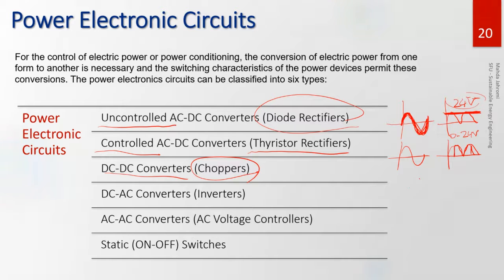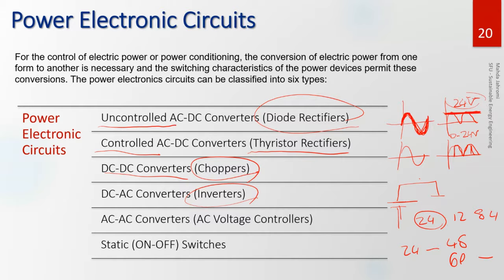And we have converters that can either chop down the voltage, so you can basically get, for example, 12 or 8 or 4 from a 24, and sometimes they boost the voltage. So you give it a 24 and they give you 48, 60, etc. We call them buck and boost converters, DC-DC converters.